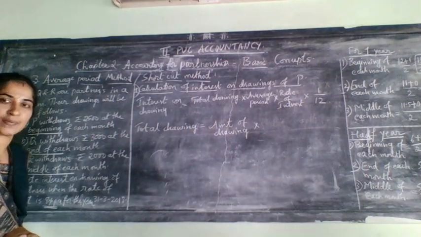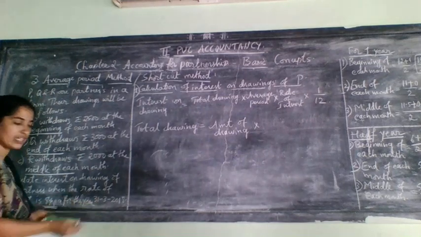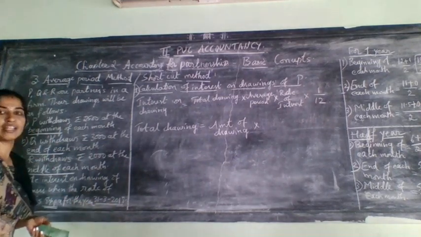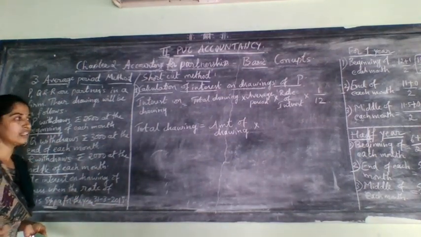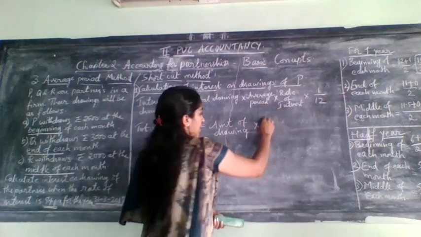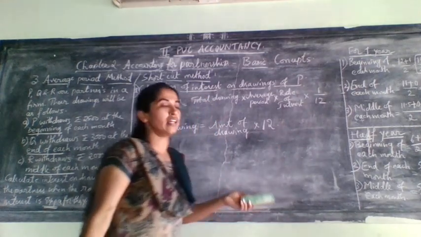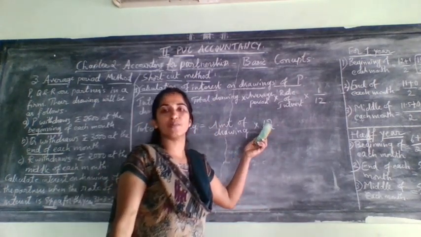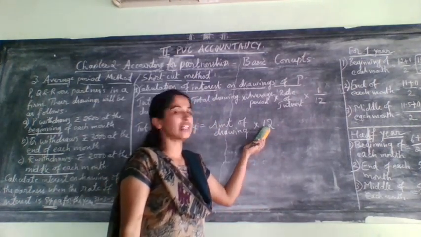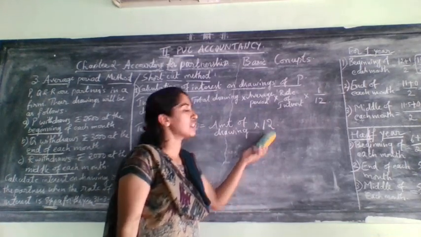Whether it is 12 months or 6 months depends on the date they have asked for. They have asked for 31st/3, so months will be 12. If it is for half year, then it will be 6. This is for one complete year, that's why we are taking it as 12.